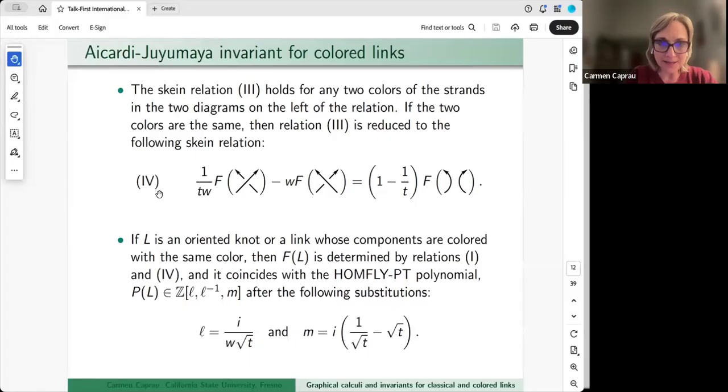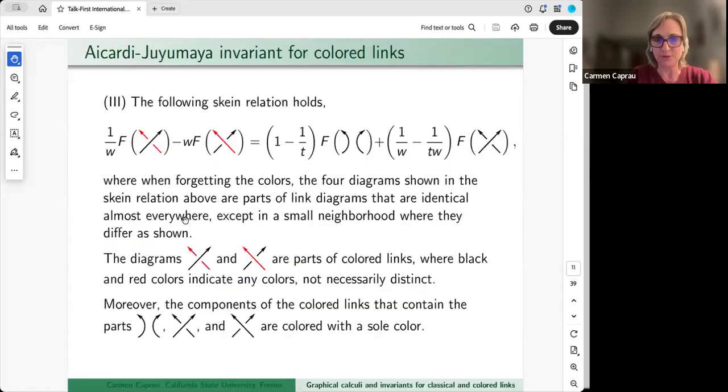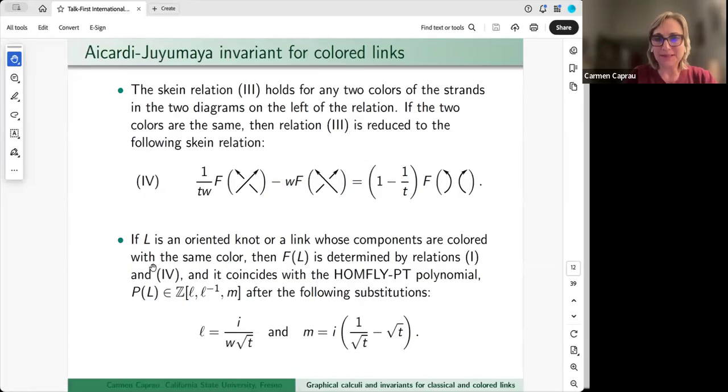And then this relation together with skein relation 1 that we have in the definition, so those two, tells us that if you start with an oriented knot or link whose components are all colored with the same color, then the invariant that we have here, up to change of variables, coincides with the HOMFLYPT polynomial.